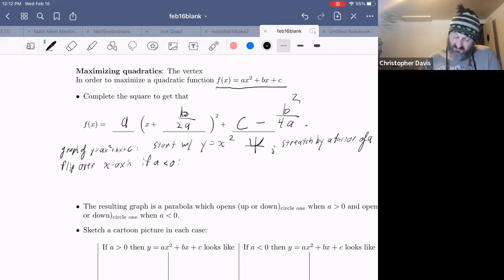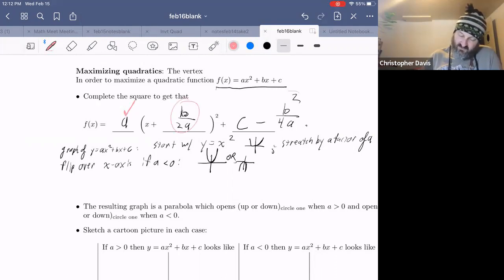So what does that mean in terms of the picture? That means either you'll still have a parabola, but stretched a little bit, or maybe you'll be upside down. So that deals with this symbol and the result of completing the square.